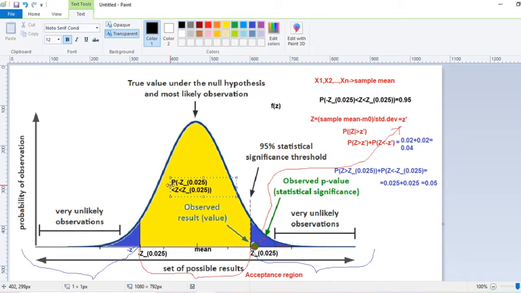Okay, what is that area? That is exactly equal to 0.95. Okay, that is actually 0.95.